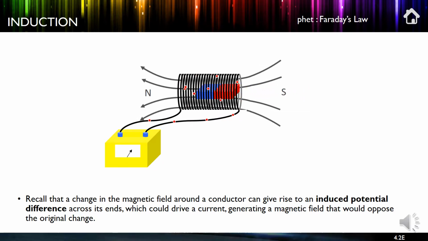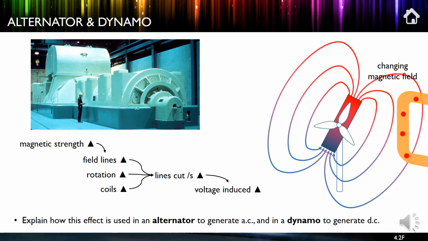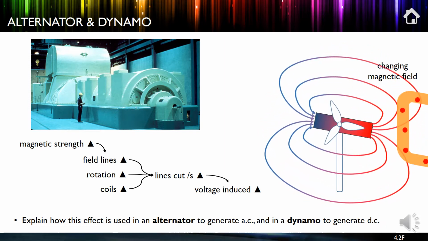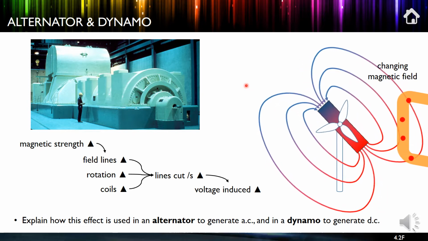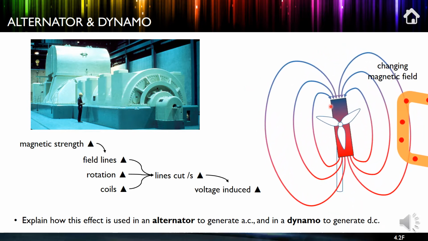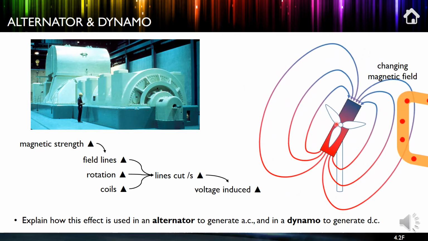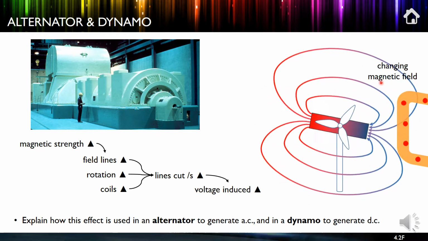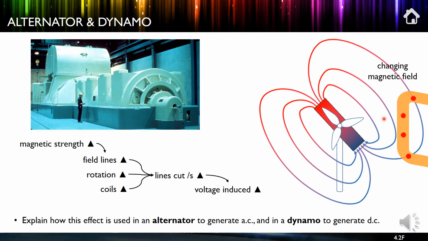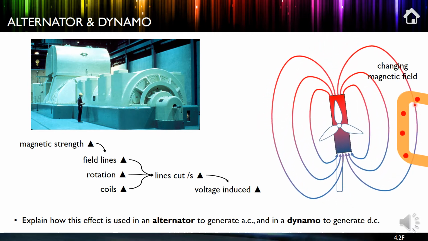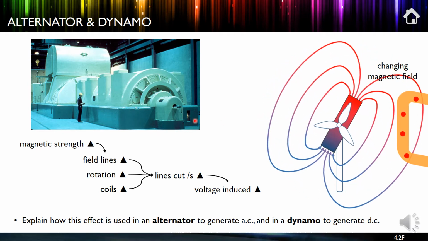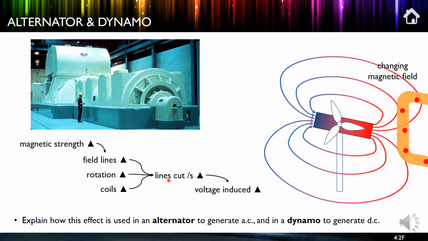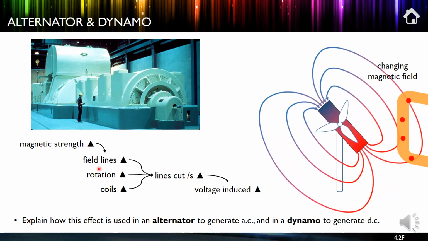But the key thing is we are creating electricity, so a changing magnetic field is creating electricity for us, which is hugely useful. We can see the same thing here, again in a slightly different context, but it's the same bit of physics. Here we've got a wind turbine, it's spinning, and in there there'll be a magnet, and there'll be wires, and we get this changing magnetic field, however we achieve it, and that will create our current in here. So over here, field strength: a more powerful magnet means more flux lines being cut.